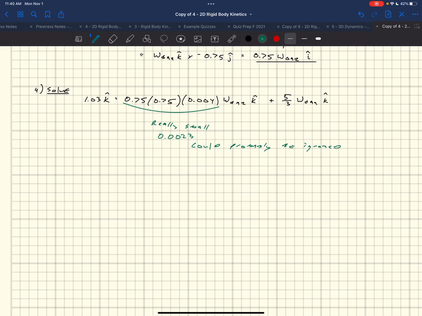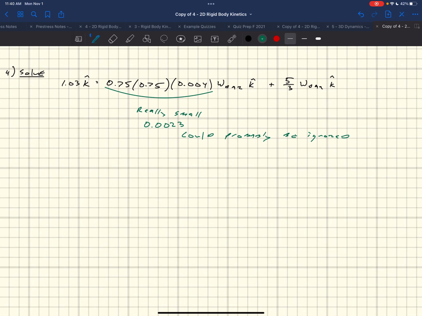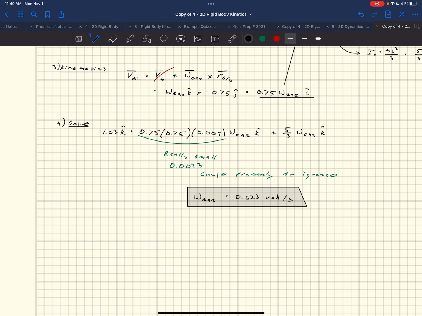Let me just write down the answer here. The answer ends up being 0.623 radians per second. Right. And that was it, that's all it asked: what the omega was after the impact.